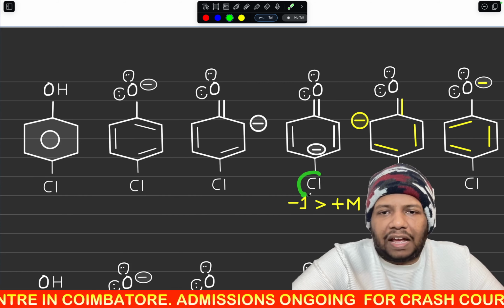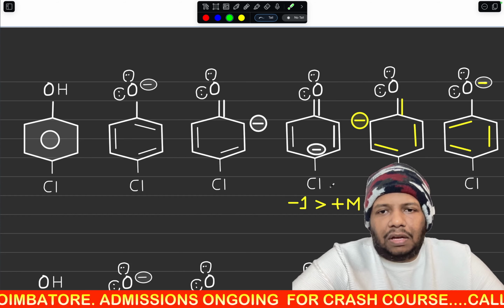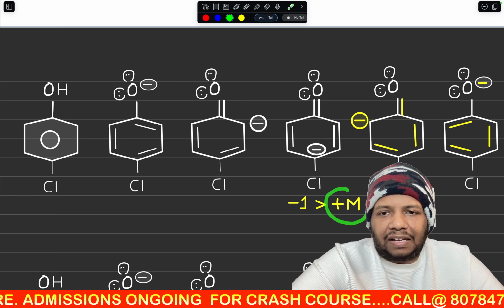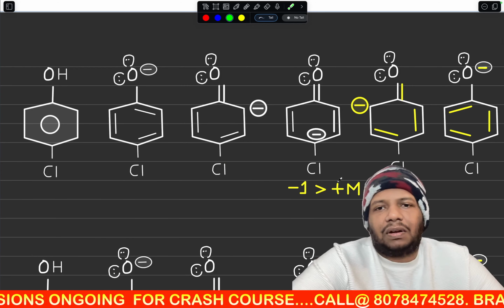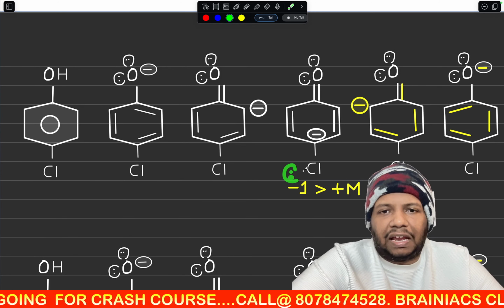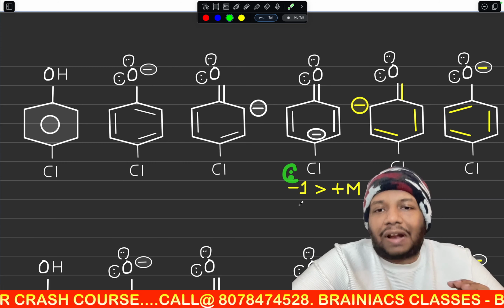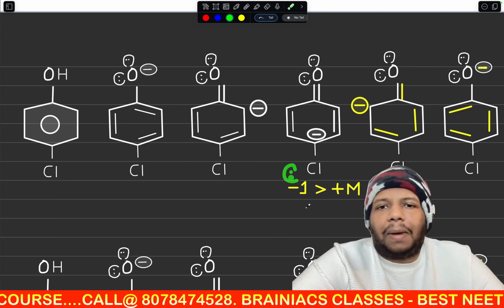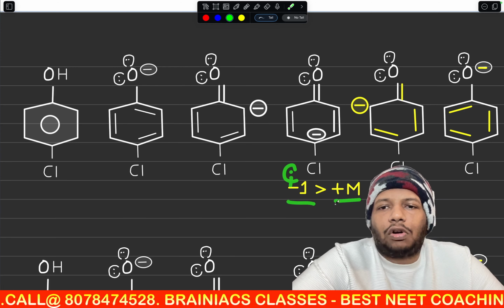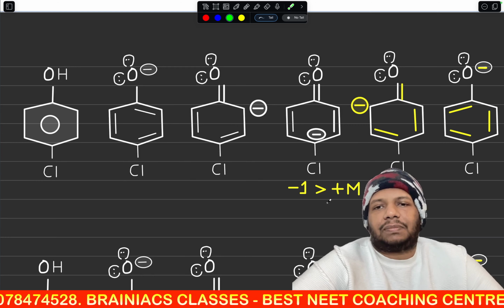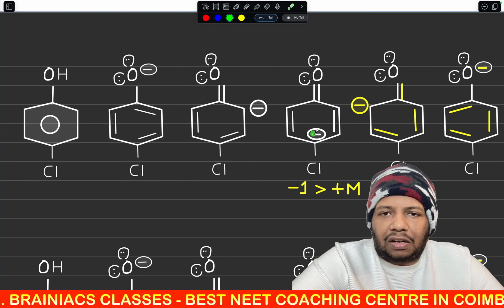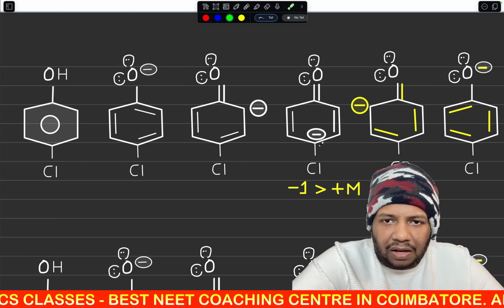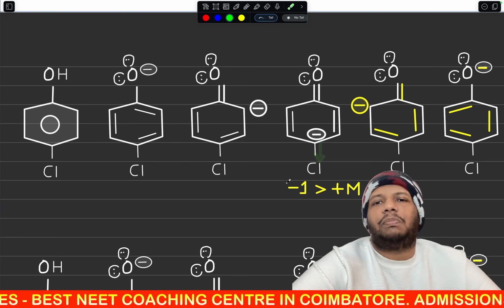Now you can see this is getting stabilized also. Why? Because chlorine has a minus I effect, and it is greater than its plus M effect. Chlorine has a lone pair that can be donated, but for halogens, please remember minus I effect is more dominant than plus M effect. So this negative charge will be pulled in this direction, making it stable.